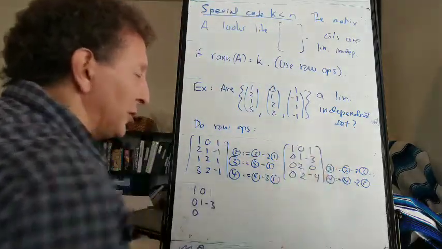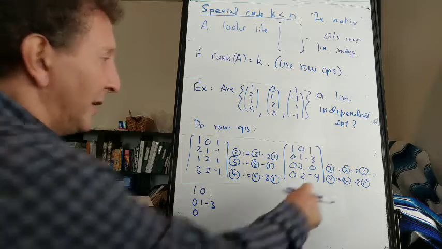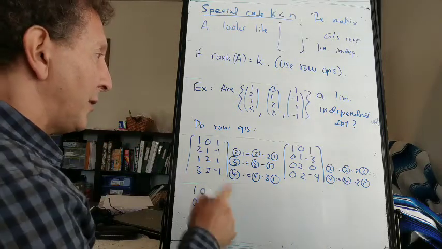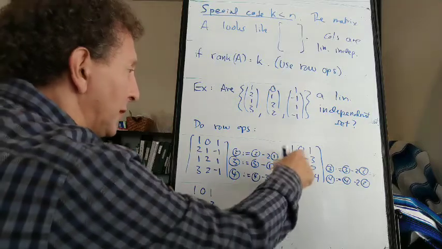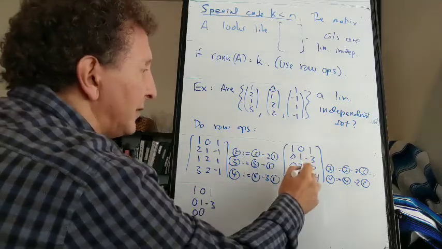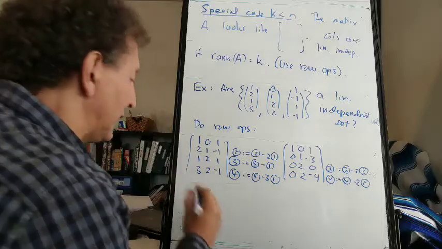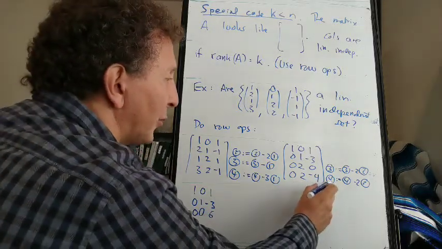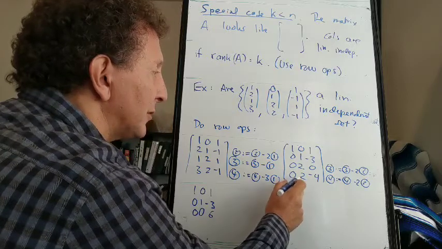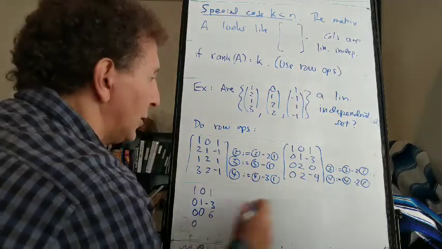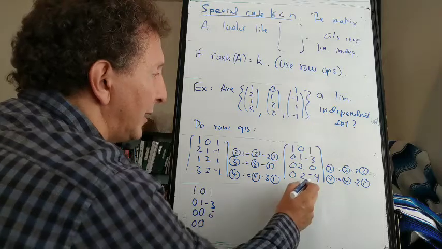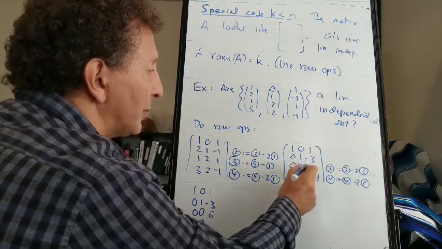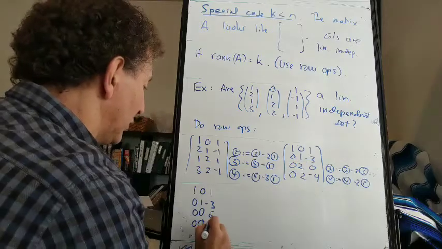I could have switched those two rows, but of course there's many ways to do these things. So I'll keep going with what I'm doing. So 3 becomes 3 minus 2 times 2. 2 minus 2 ones is 0. 0 minus 2 negative 3's is positive 6. And then 4 becomes 4 minus 2 times 2. So we've got 0. 2 minus 2 is 0. Negative 4 minus 2 negative 3's is negative 4 plus 6, which is 2.